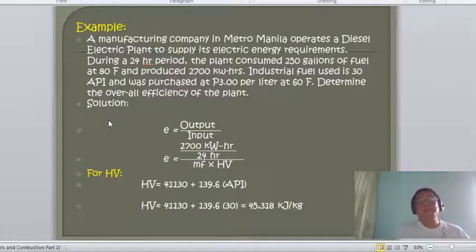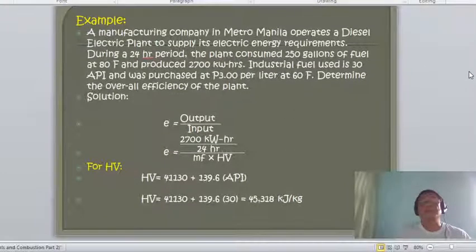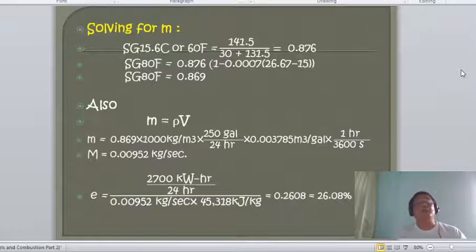Getting now the heating value in terms of degree API, the heating value is 45,318 kilojoules per kilogram. Solving now for M. The specific gravity is equal to 141.5 over 30 plus 131.5. The specific gravity at 15.6, or 60 degrees Fahrenheit, is 0.876.